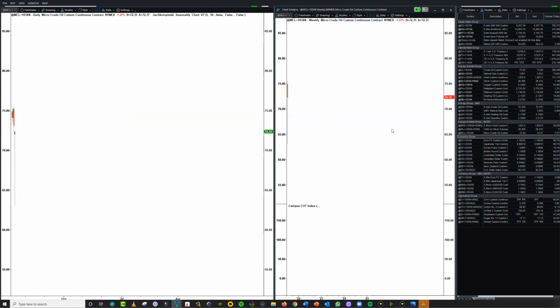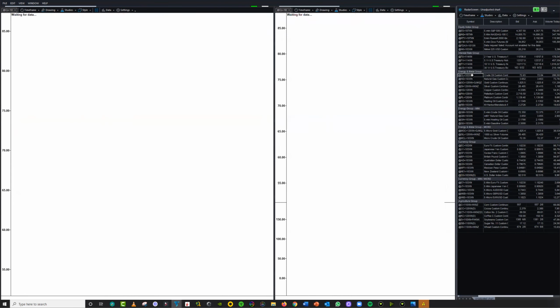Exactly, Renee, you're right. Sina, you're right. Exactly. You would analyze the real contract, absolutely. And if price is in that zone, right?